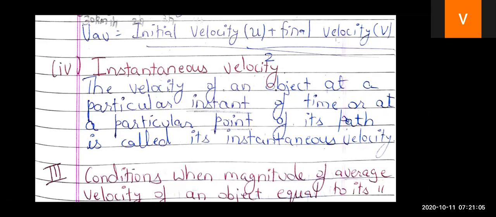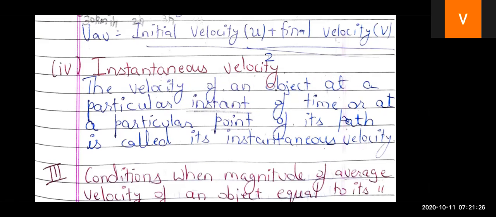So at that particular instant of time you're telling me. So that is your instantaneous velocity. The velocity of an object at a particular instant of time, or at a particular point of its path, is called the instantaneous velocity.